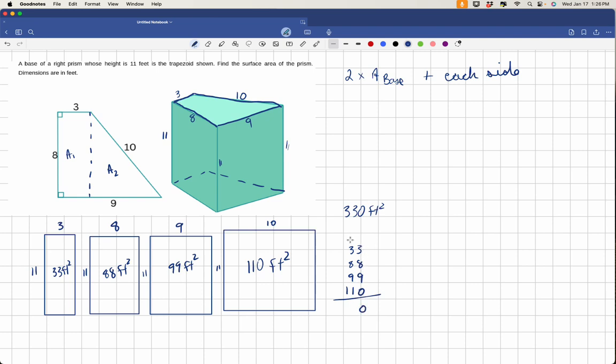Write the 2, 0, carry the 2. 2 plus 3 is 5, plus 8 is 13, plus 9 is 22, plus 1 is 23. So 3, carry the 2. 2 plus 1 is 3. So 330 feet squared because it's the same, right?